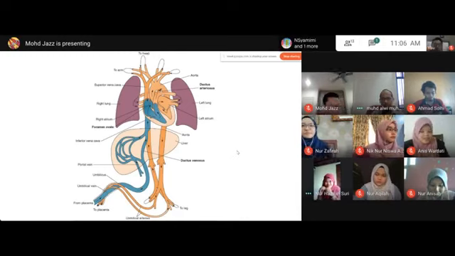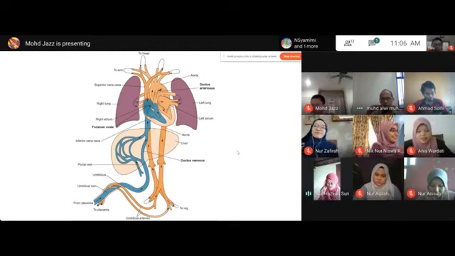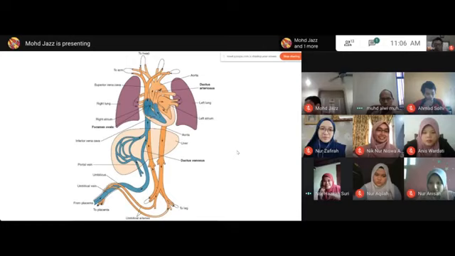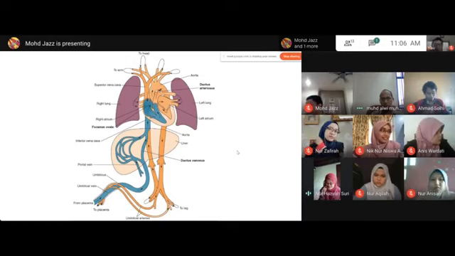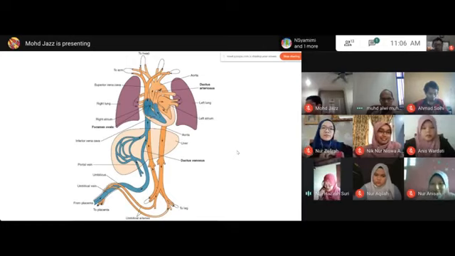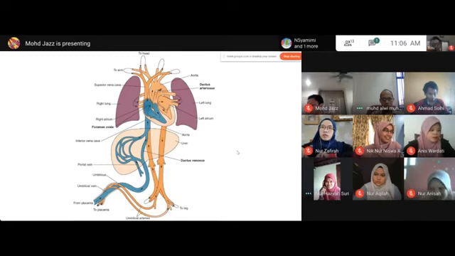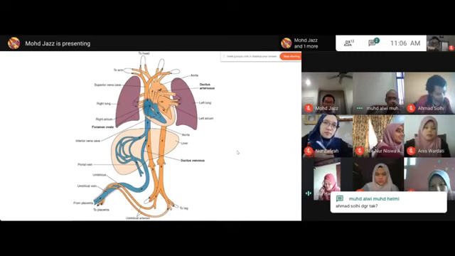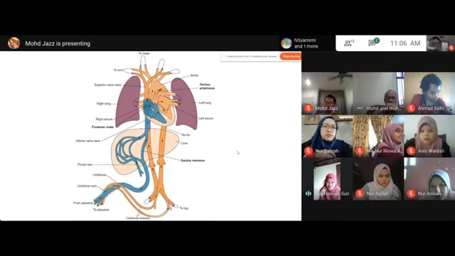Okay. I'll start from the beginning again. Bismillahirrahmanirrahim. Assalamualaikum warahmatullahi wabarakatuh. So today I'll present about the fetal circulation. First, we have to know about the differences between the fetal circulation and also the newborn or adult circulation.